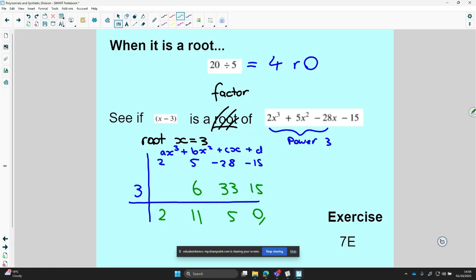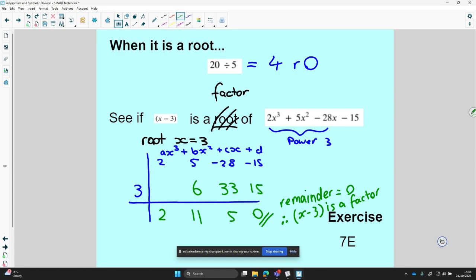So I'm going to underline this, and I'm going to say remainder equals 0. Therefore, x minus 3 is a factor.